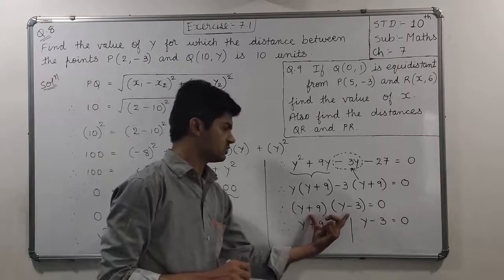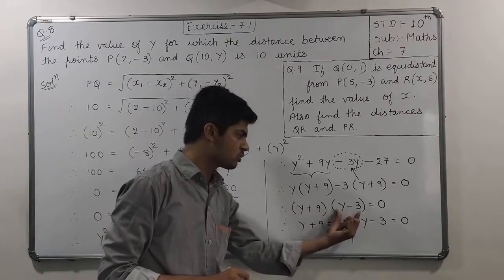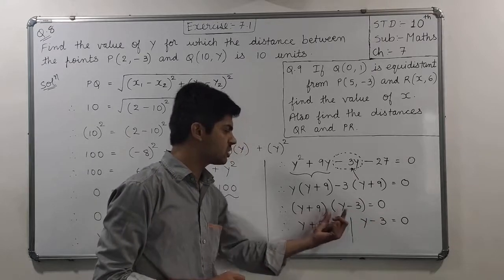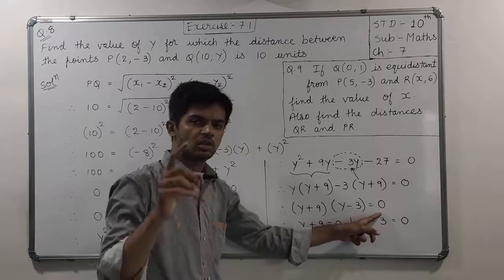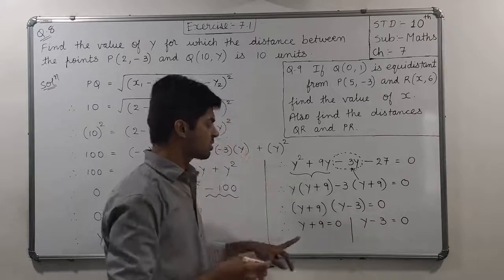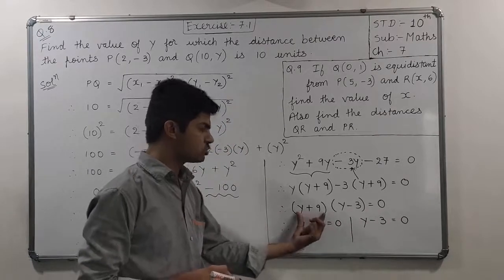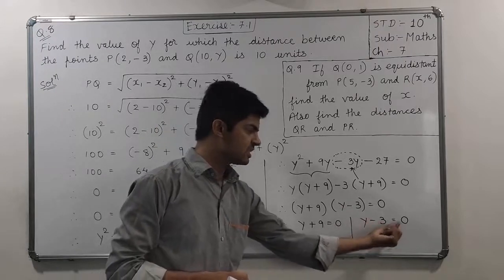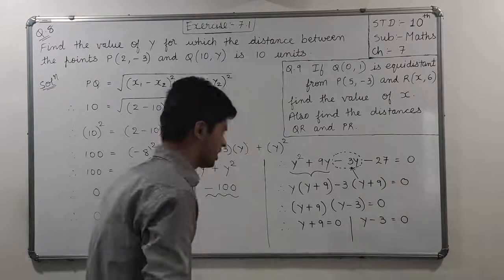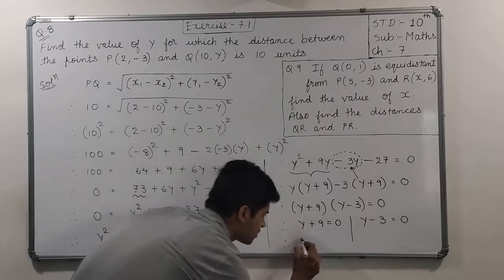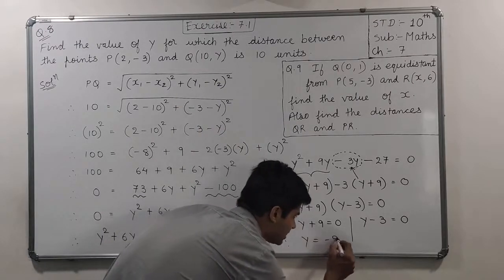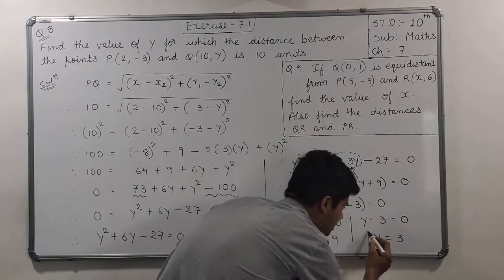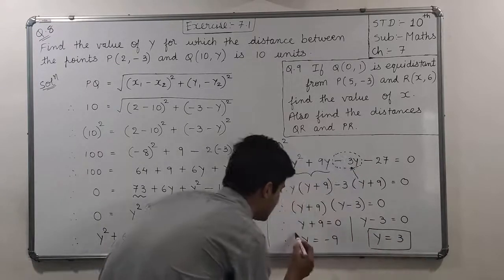Whenever you get multiplication of two bracket is equals to 0, कहीं पर भी आपको ऐसा दिखे, then compulsory always हर एक बार यही आएगा. फर्स्ट ब्रैकेट में जो कुछ भी दिया है that is equals to 0, सेकंड ब्रैकेट में जो कुछ भी दिया है that is equals to 0. Okay, so y plus 9. If plus 9 goes to that side, it will become minus 9, and minus 3 if it goes to that side, it will become plus 3. So we got our final answer.